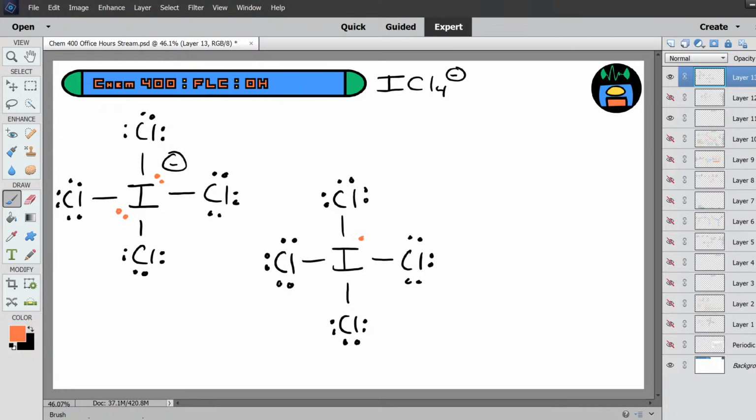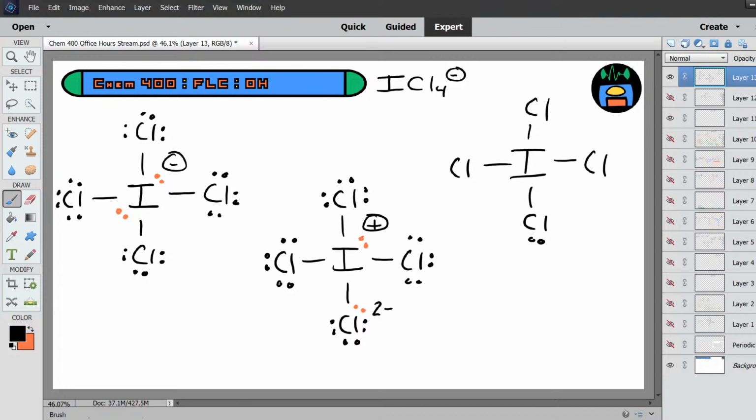So if we put one on iodine, and let's say we give another one to one of our chlorines, in this structure, iodine would have a charge of +1. And chlorine would have a charge of -2. All right, and then the last option is what if we give iodine none of the lone pairs, and we put the rest on chlorine.